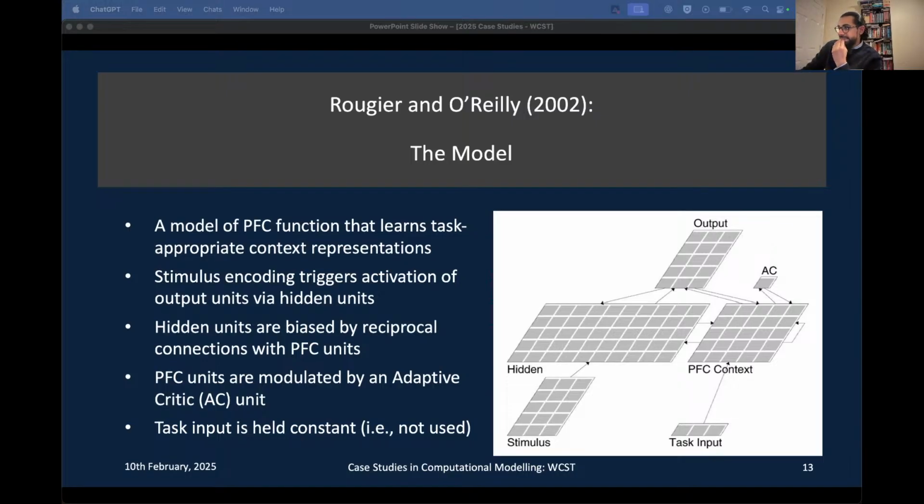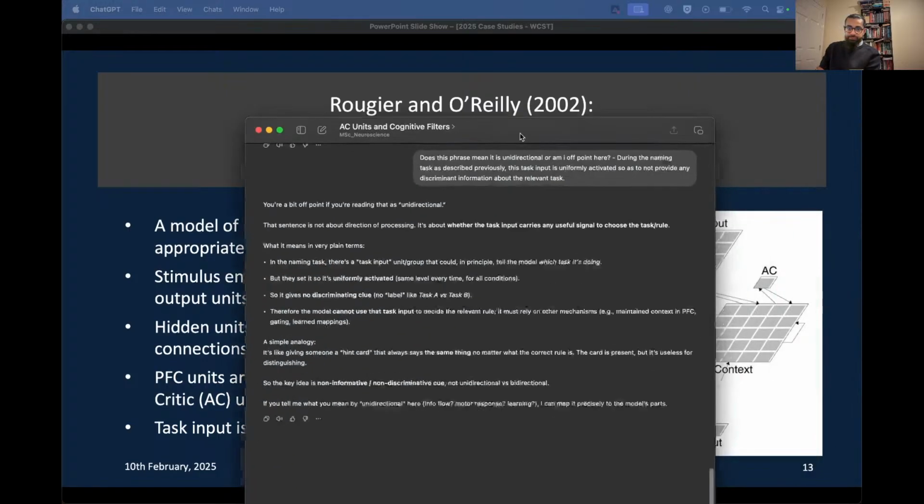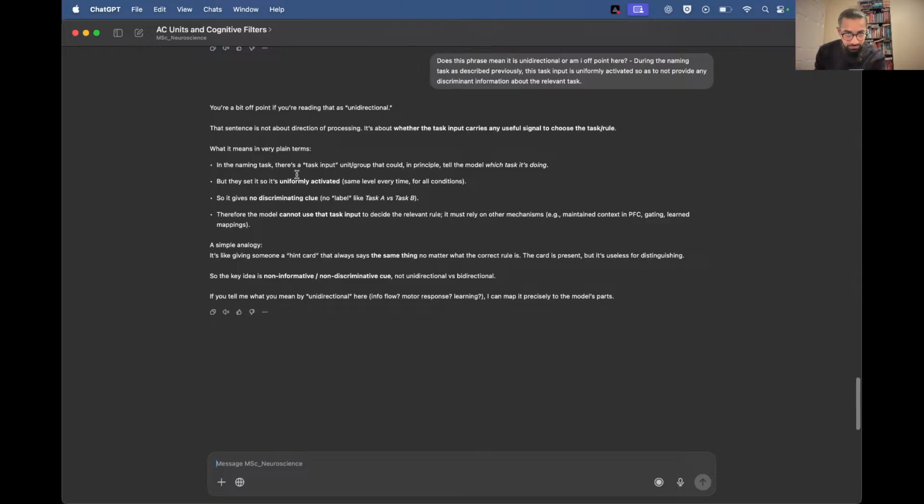But they set it so it's uniformly activated, same level every time for all conditions. It's set so it's uniformly activated. So it gives no discriminating clue, no label like task A versus task B.